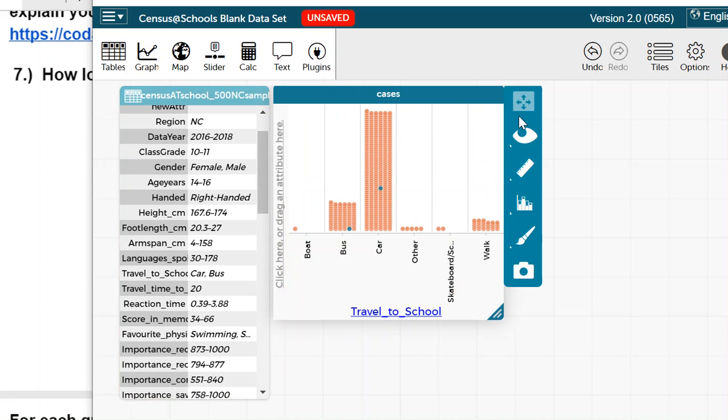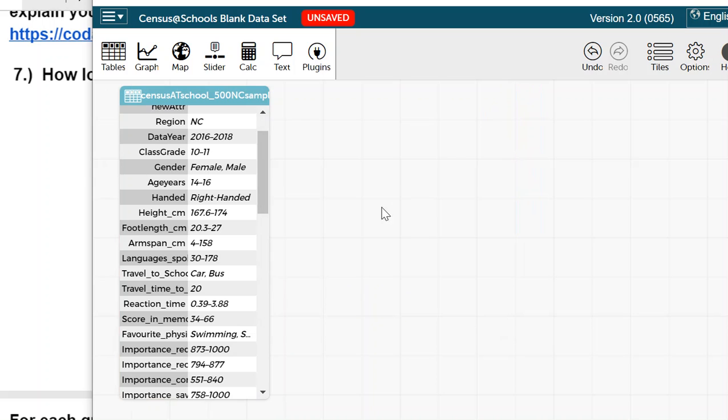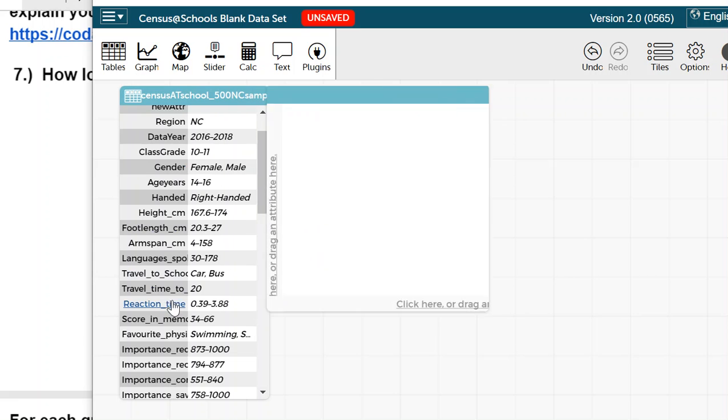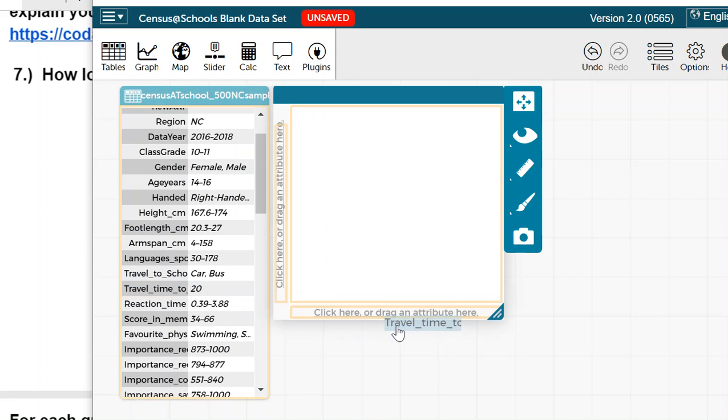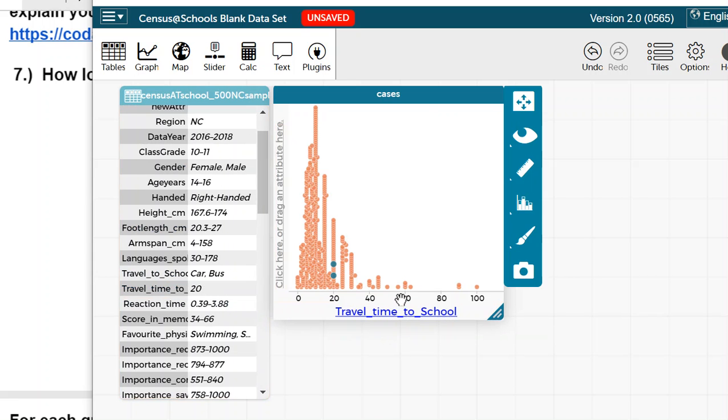Oh, that's how you travel to school, not how long. Travel time. Okay, that's what I should have grabbed, was travel time. And once again, because time is a number, you don't have categorical data here. You have numeric data. You have quantitative data.